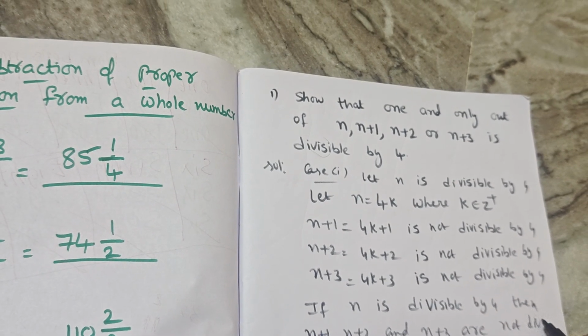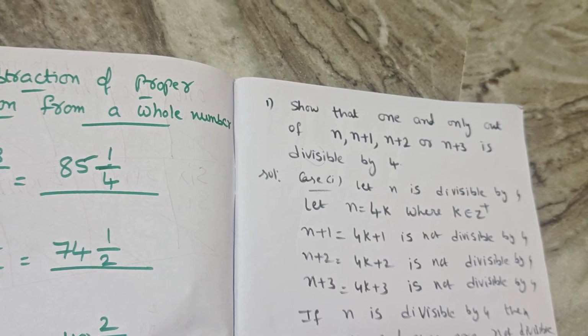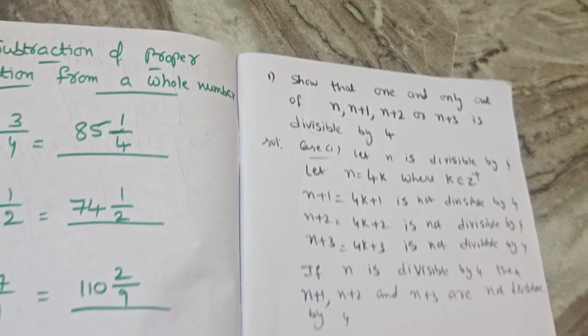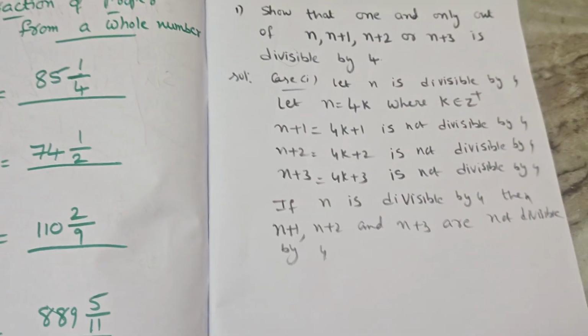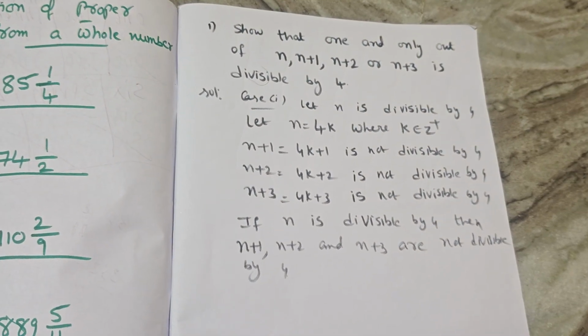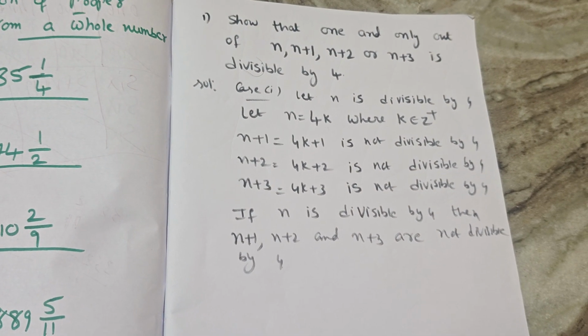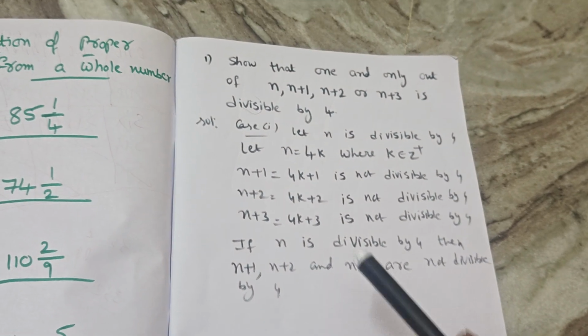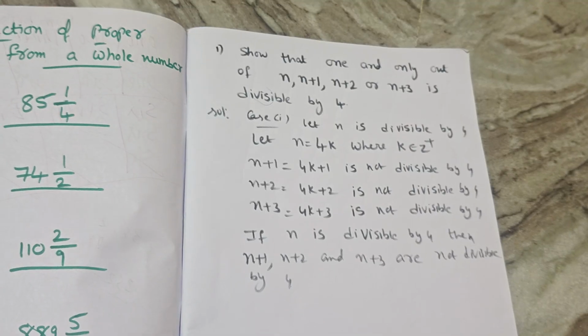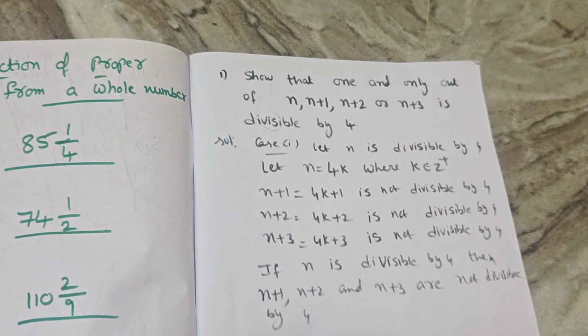Okay children, did you understand? In the first case what have we shown? N is divisible by 4. Already in the question they told only 1 is divisible. If 1 is divisible, others are not divisible. So we have shown that if n is divisible by 4, the remaining 3 are not divisible by 4. Now go for case 2.